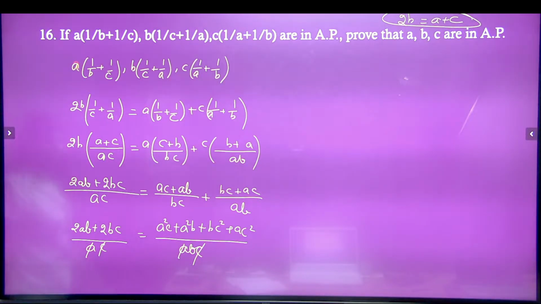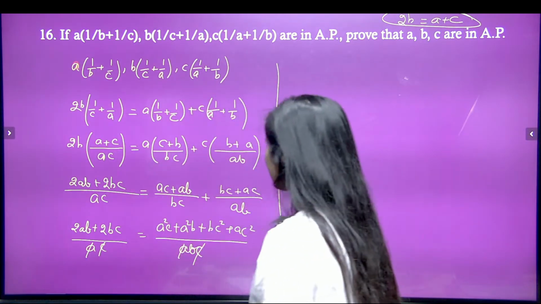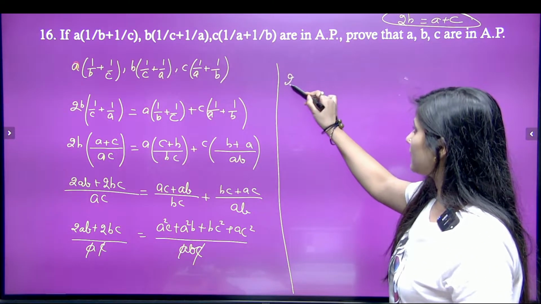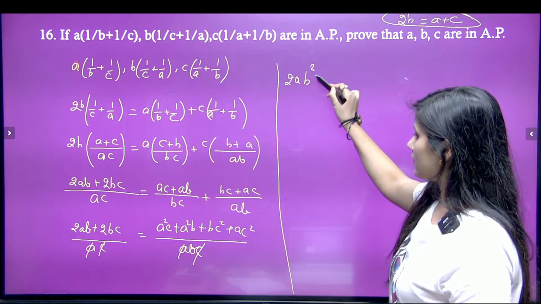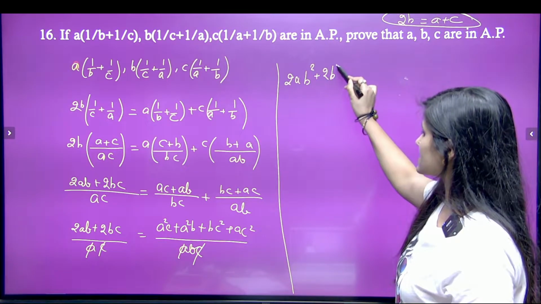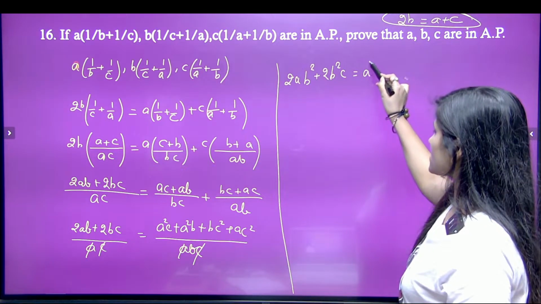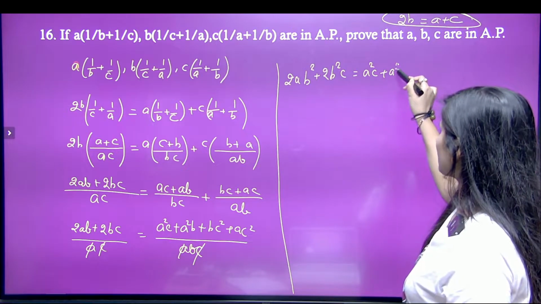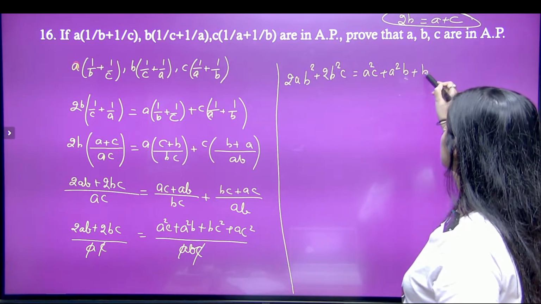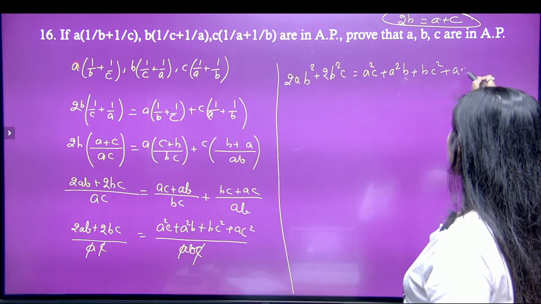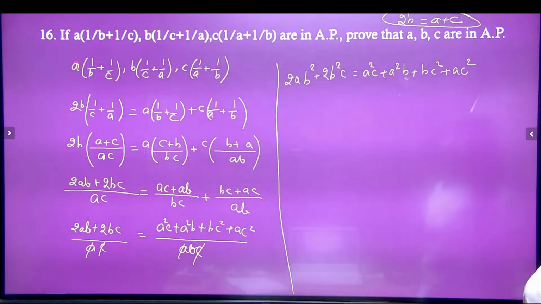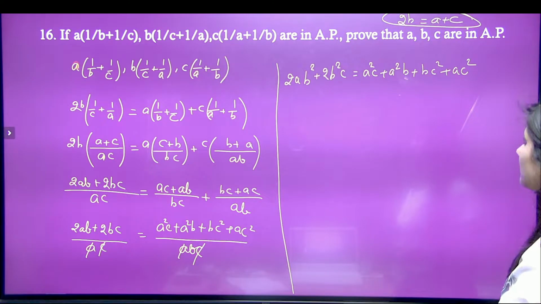Okay, now cross multiplying, it will give 2AB square plus 2B square C is equal to A square C plus A square B plus BC square plus AC square. That's it.